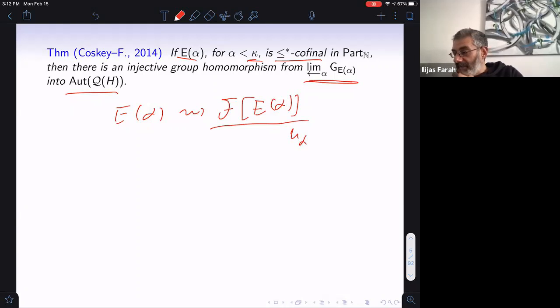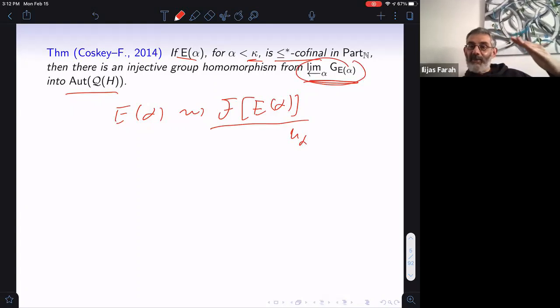And if you have an element of the inverse limit, then the lemma that we proved before shows you that the thread in the inverse limit defines an automorphism of the Calkin algebra in a unique way.